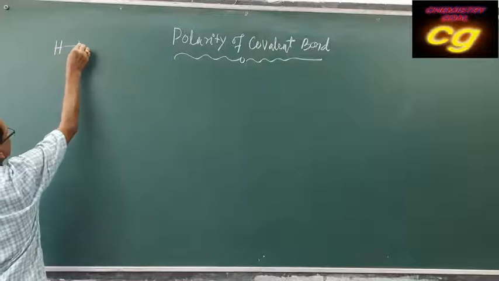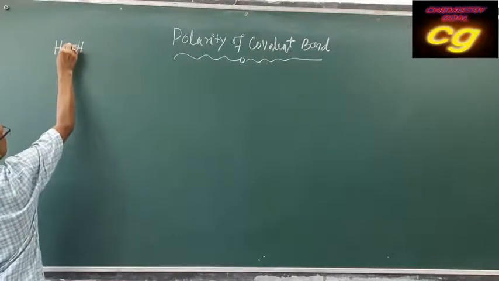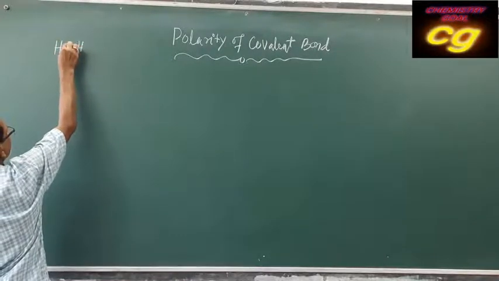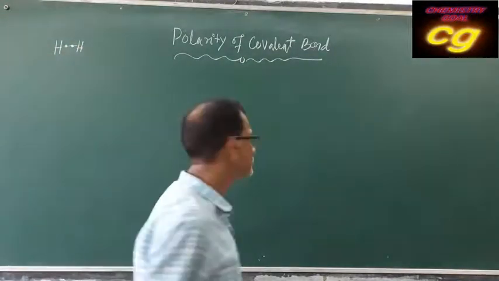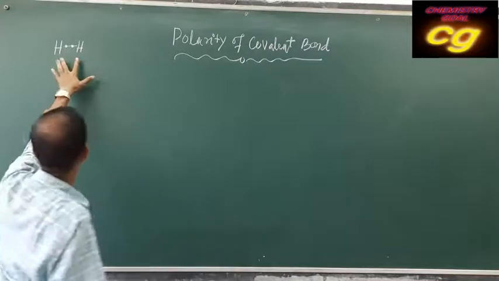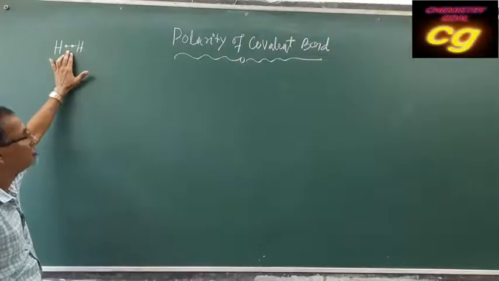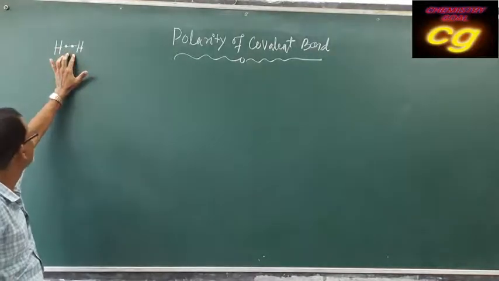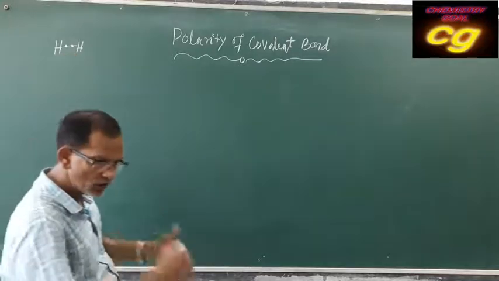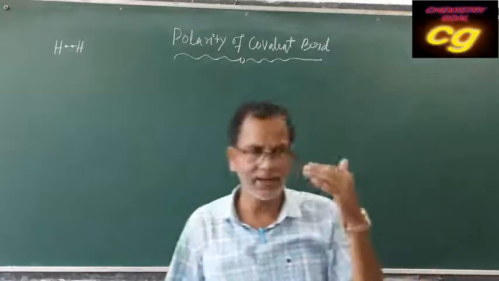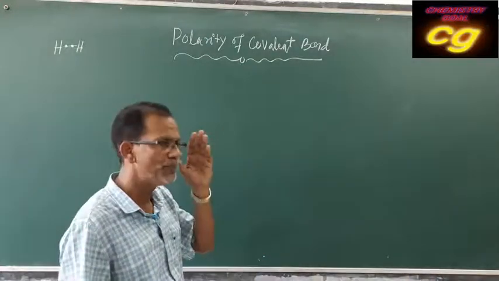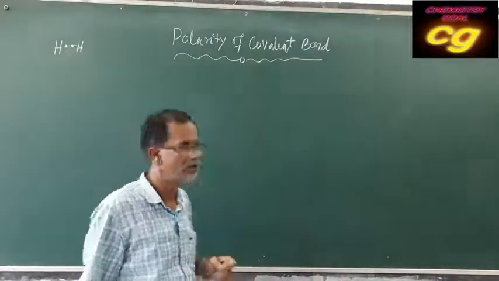This is a hydrogen molecule, which is produced by sharing of electrons, and the shared pair of electrons between the two hydrogen atoms remains in between the two atoms. But if you see the electronegativity, we know electronegativity is the tendency of an atom. Every atom has an electronegativity value.